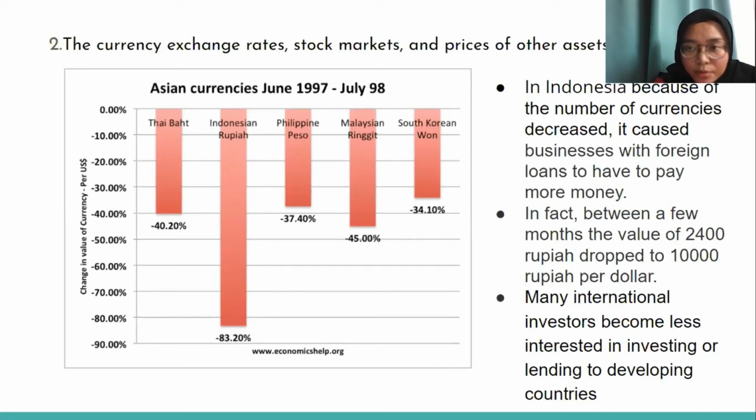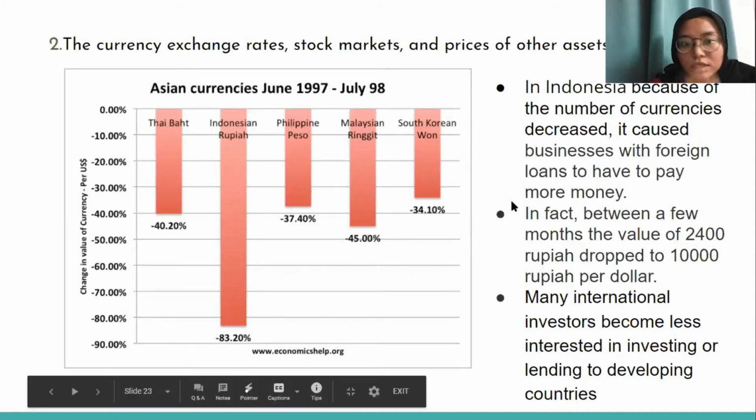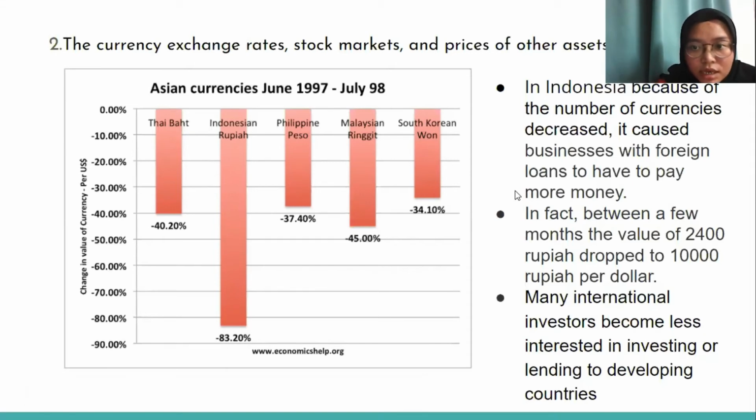So, for example, in Indonesia, because of the huge currency decrease, businesses in Indonesia with foreign loans had to pay more money. In fact, within a few months, from January 1997 until July 1997, the value dropped from 2,400 rupiah to 10,000 rupiah per dollar.